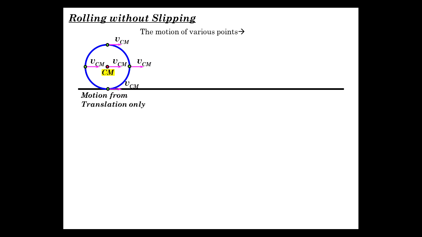But of course, it's rotating at the same time. So added to this, we're going to consider the motion of the particles of the hoop from rotation. So forget about translation now for a second, and just consider this thing sitting here and spinning around, rotating around at an angular velocity omega.